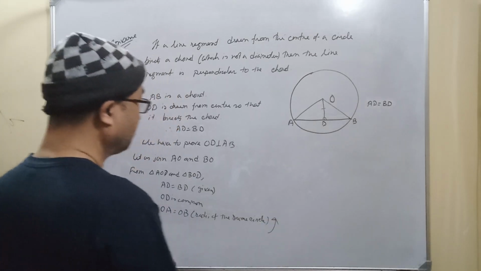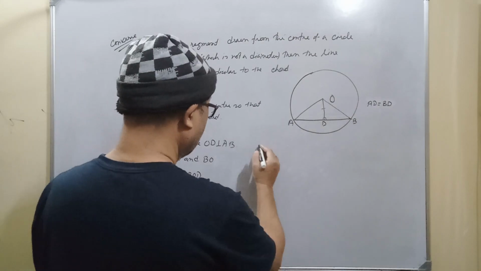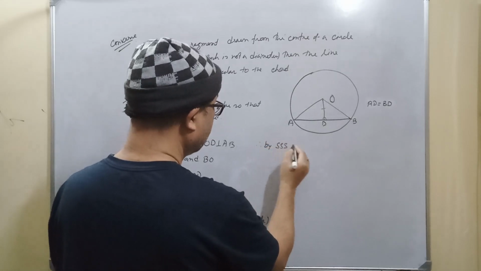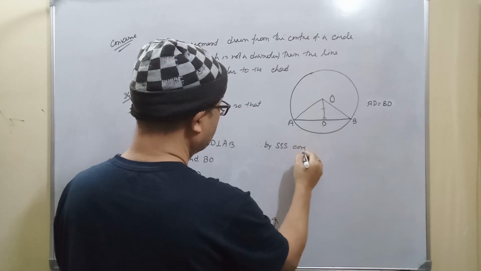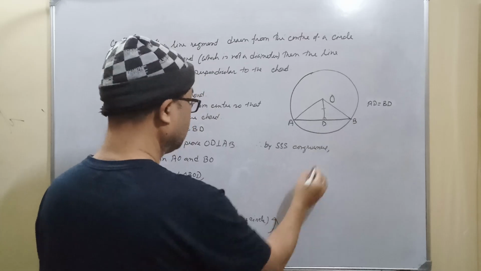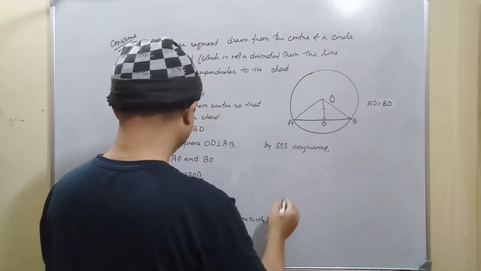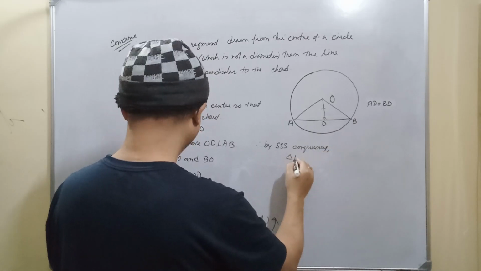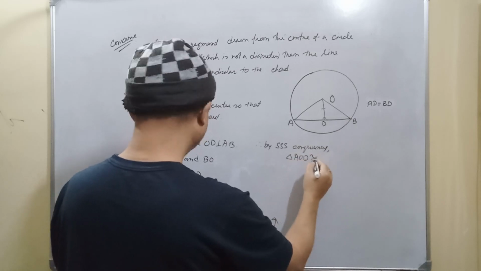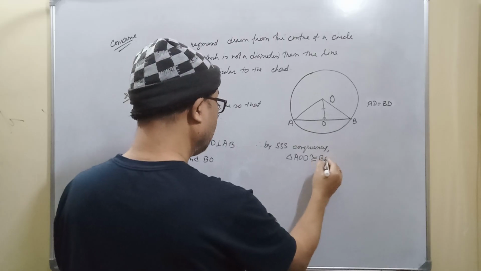which means hence by SSS congruency, triangle AOD is congruent to triangle BOD.